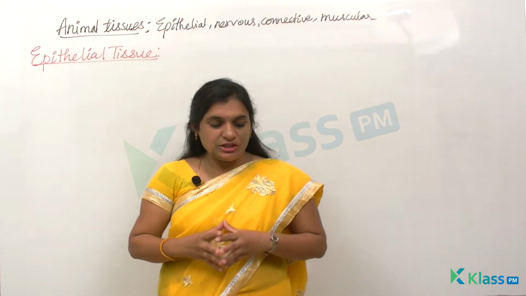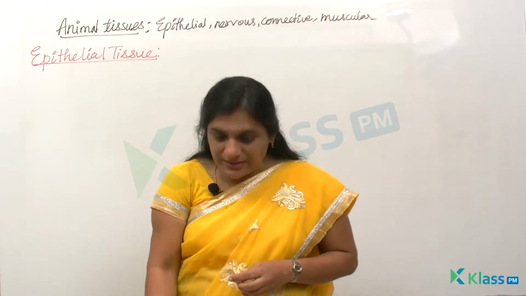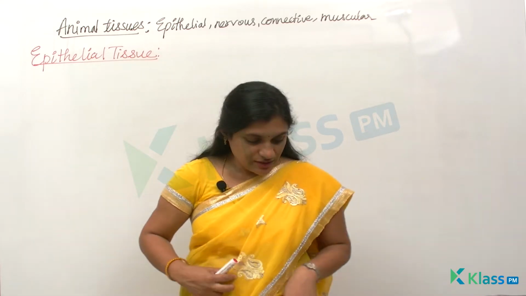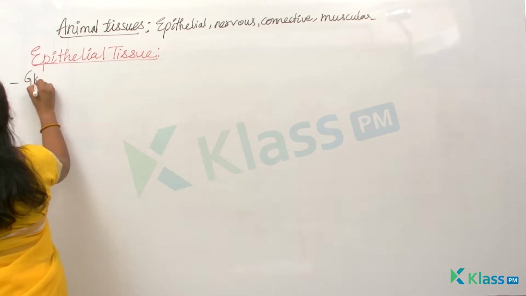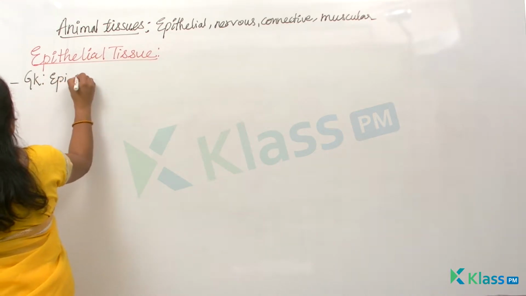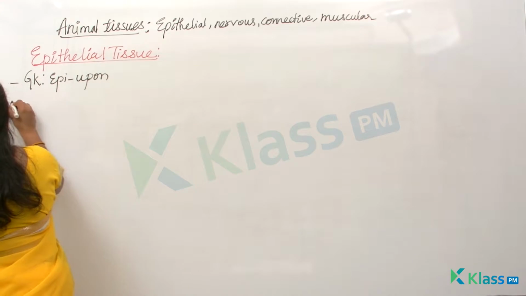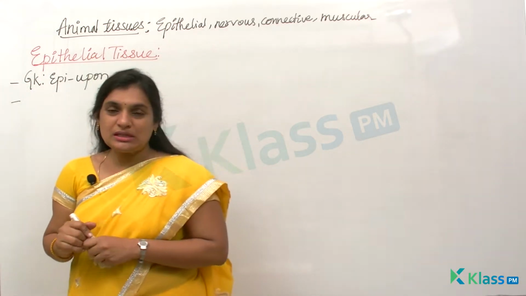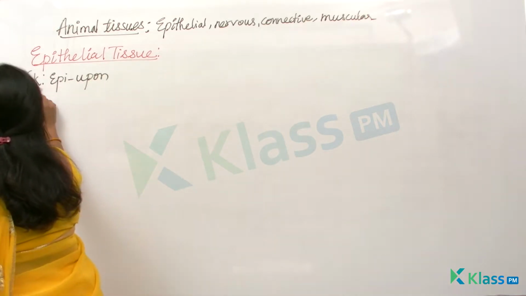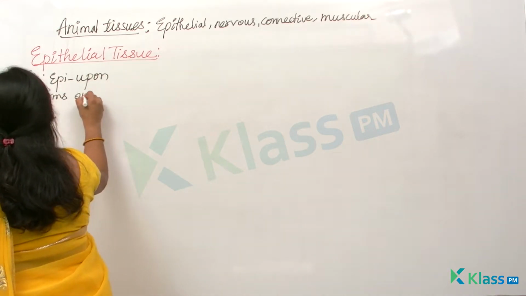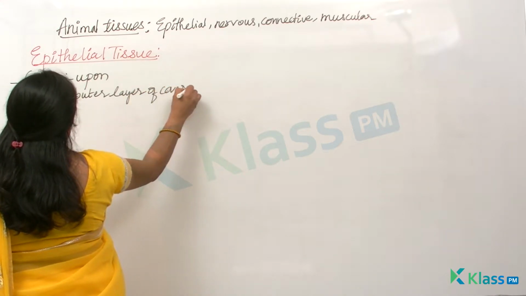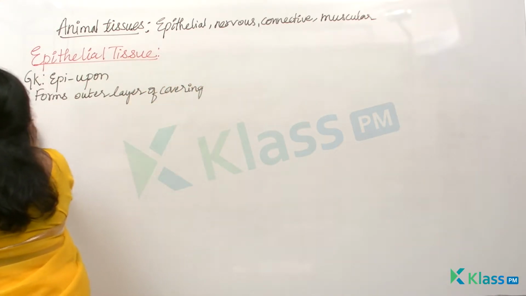These epithelial tissues are simple kinds of animal tissues which act as a protective covering. This epithelial tissue forms an outer layer of covering in case of animals.